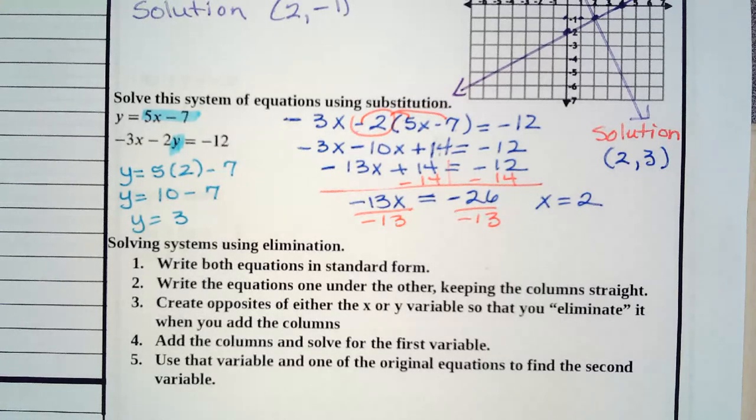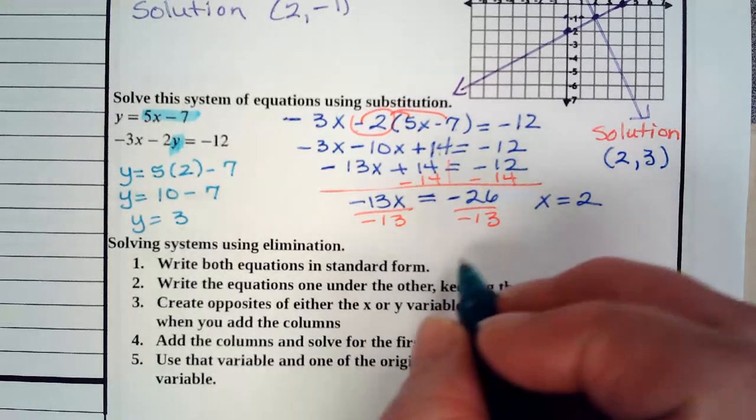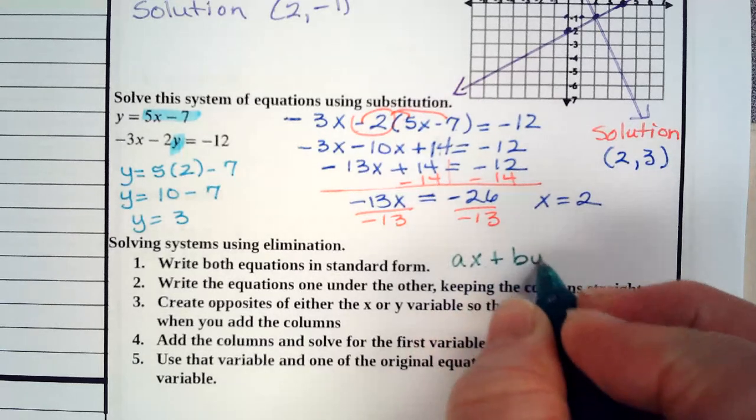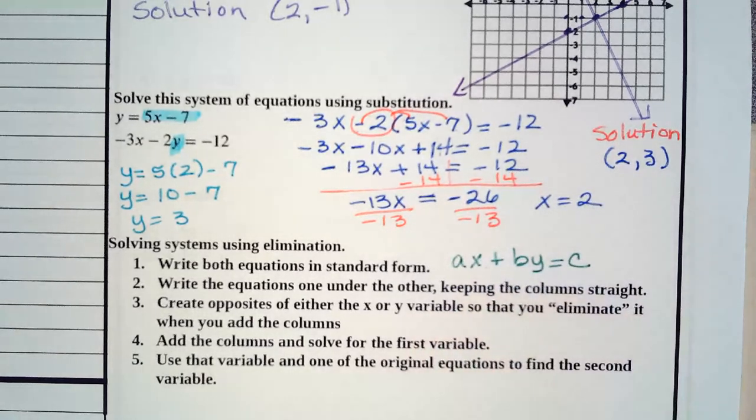Create opposites of either the x or y variable so that you eliminate it when you add the columns, and you're adding straight down. Add the columns and solve for the first variable. Use that variable in one of the two original equations to find the second. You have to remember your standard form is ax plus by is equal to c.